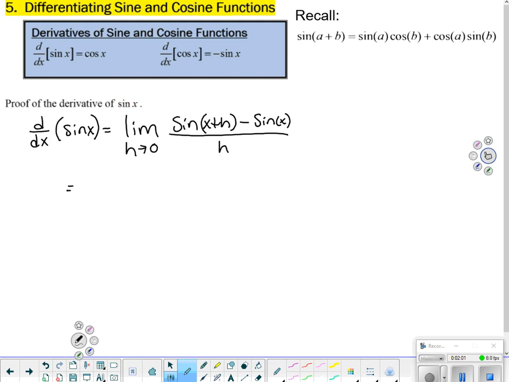And then we're going to modify this a little bit using trig identities, or the trig of the sum of two angles.